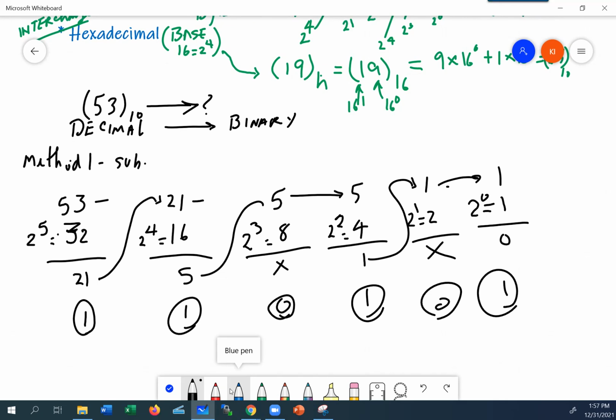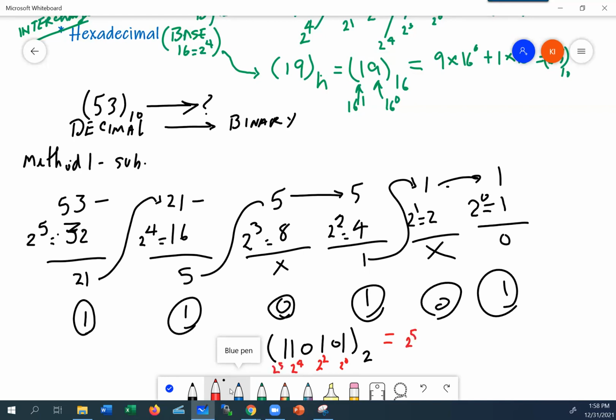So your binary number from this scheme was 110101. If you want to test it to see if it's indeed the right one, all you have to do is take the place values. This is 2 to the power of 0. This is 2 to the power of 2. This is 2 to the power of 4. This is 2 to the power of 5.